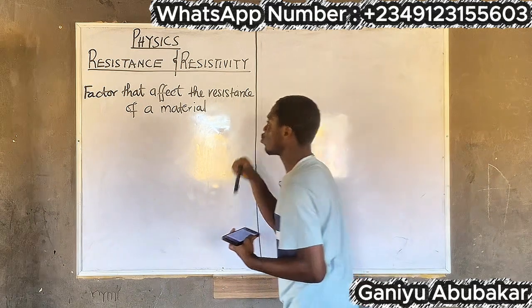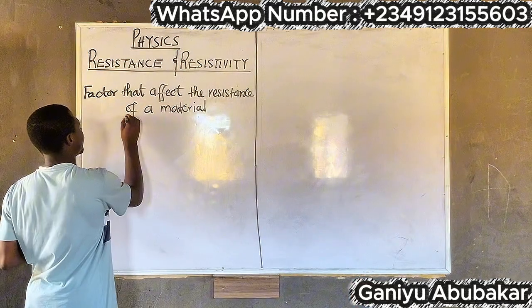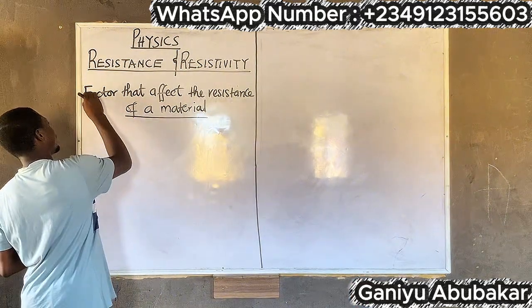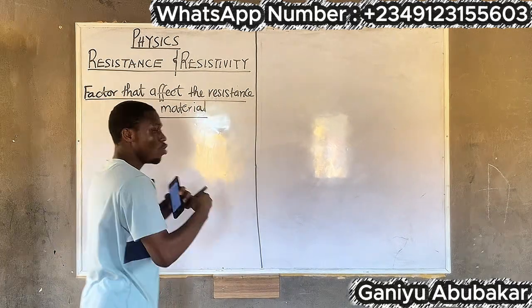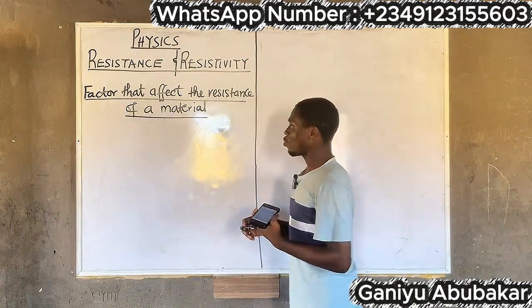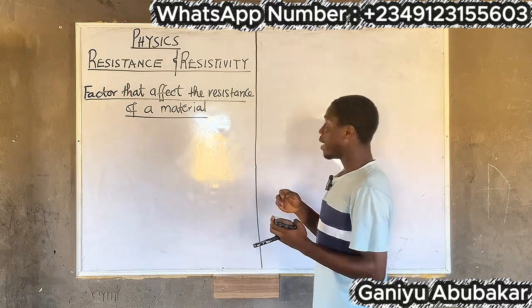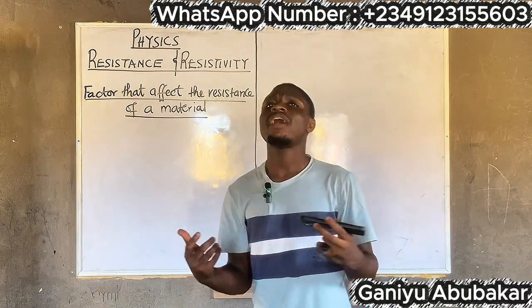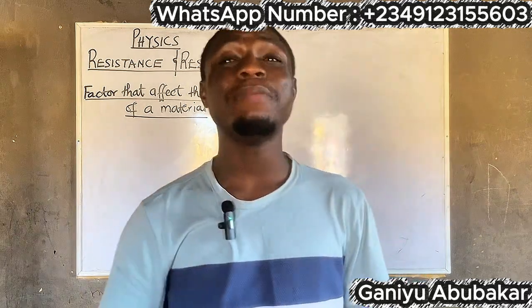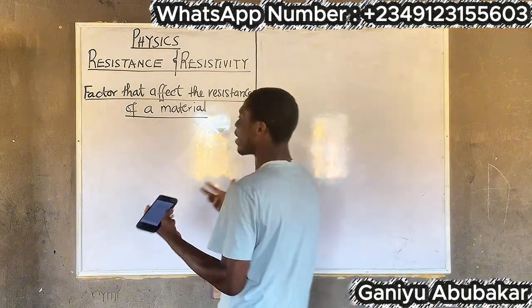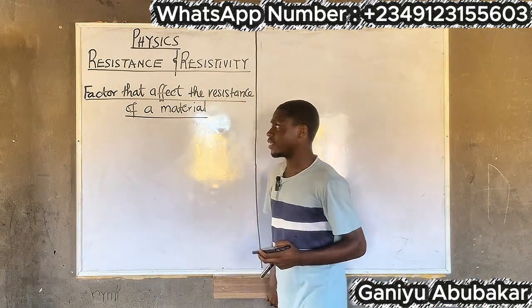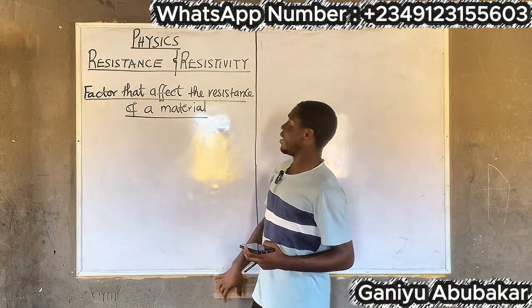Let's look at these factors one after the other. First of all, listen please. The material we're talking about here could be silver, copper, or zinc. These are three materials basically used to pass current. So what are the factors that affect the resistance of a material?